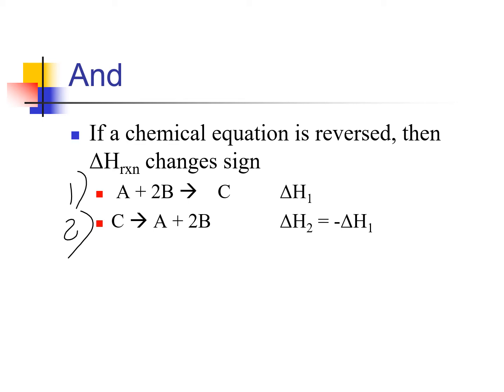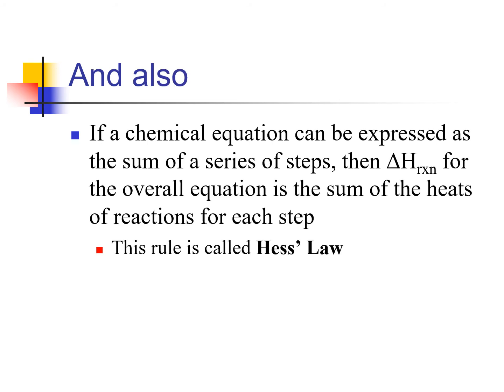So whatever the enthalpy change of reaction 1 is, reaction 2 would be the same, but opposite sign. Finally, if I can express a chemical equation in steps, the delta H for the overall reaction is equal to the sum of the heats for each individual step. We call this Hess's law.